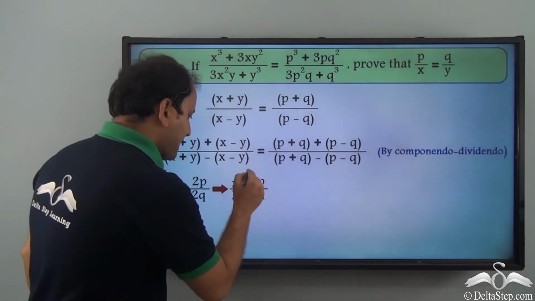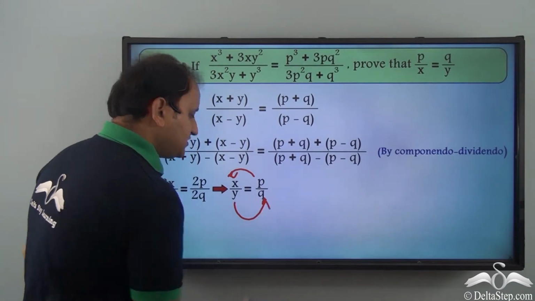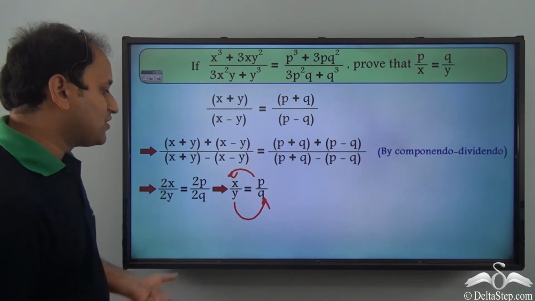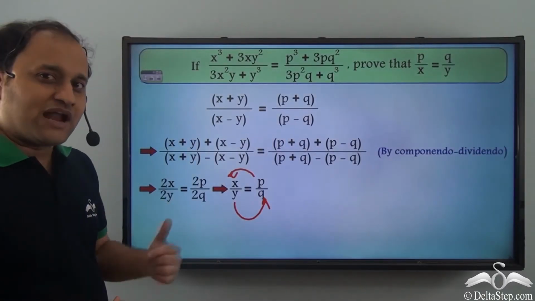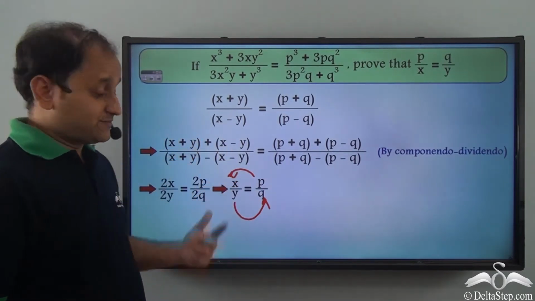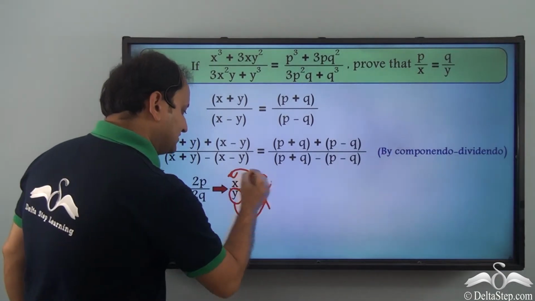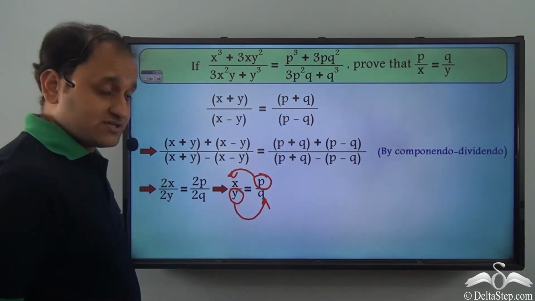So we need p with x and y with q. And how can we do that? Which is the property which allows us to do that? Well, if we apply alternando, then the second and third terms get interchanged. So our second and third terms will get interchanged, and that's what we want.